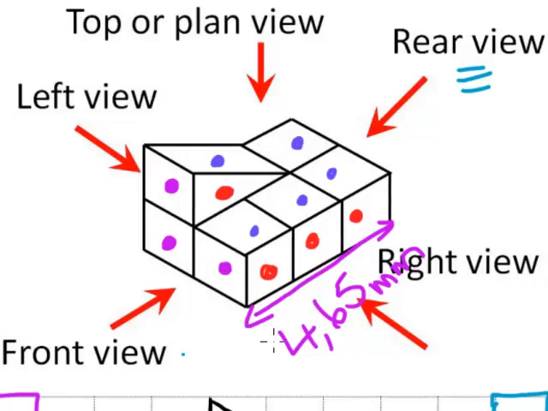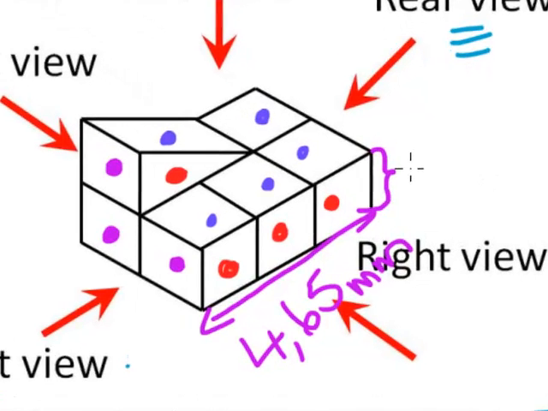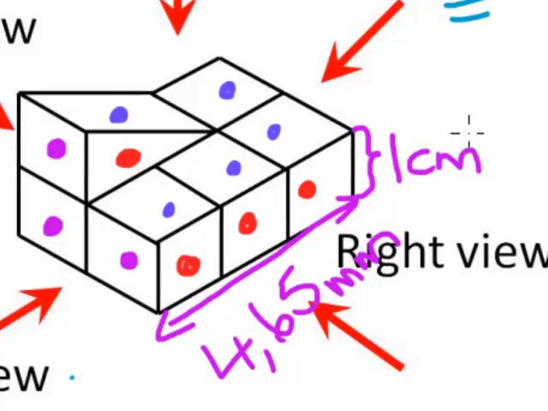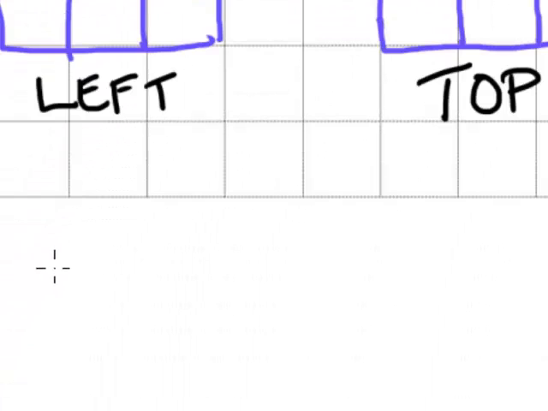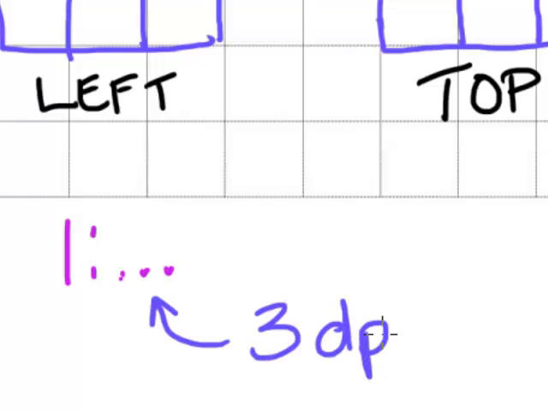Okay, that whole length there is 4,65 millimeters. Now, if the actual length of a block, in other words, this, remember these are cubes, is 1 centimeter, then what is the scale of this diagram? And I want to have that scale in the format 1 is to something. And then this part over here, we are going to do correct to 3 decimal places.